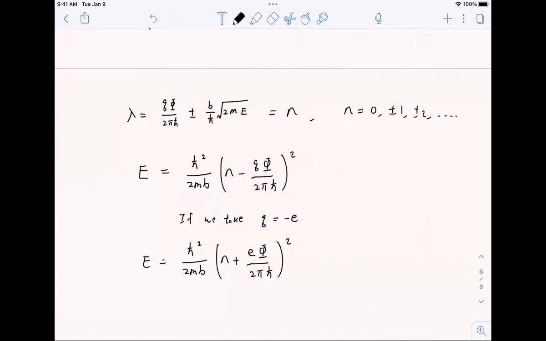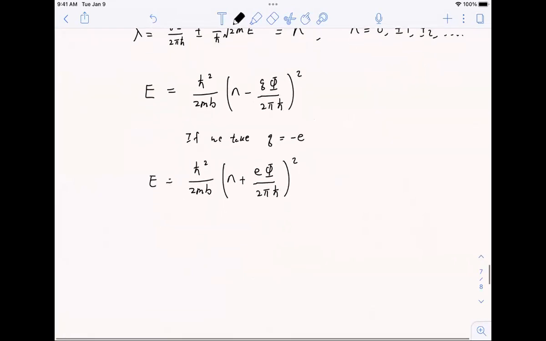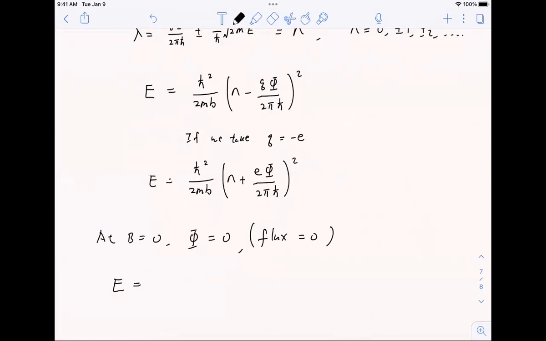So let's see the physical significance of the result. At B equal to 0, that means the flux is 0. Then this will be 0, so E is just the h term.